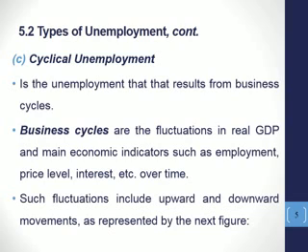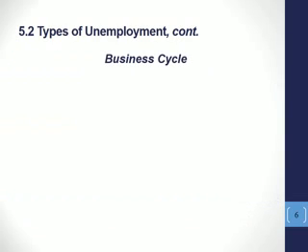Such fluctuations include upward and downward movements. So here we have waves of production. Sometimes production is upward moving and increasing, other times production is downward moving and decreasing, as shown by the figure.